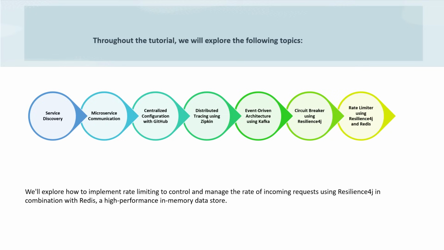Then we will discuss rate limiter using Resilience4J and Redis. We will explore how to implement rate limiting to control and manage the rate of incoming requests using Resilience4J in combination with Redis, a high performance in-memory data store.